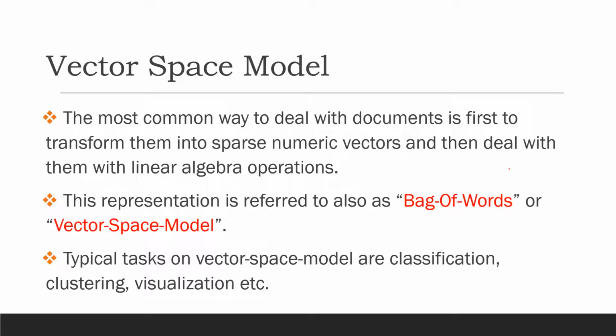In the vector space model, we have a document or a paragraph. In that paragraph, we need to find out how many words there are and how many times each word is represented in the document. That is what we call the vector space model. The most common way to deal with documents is first to transform them into sparse numbers. This is very important.